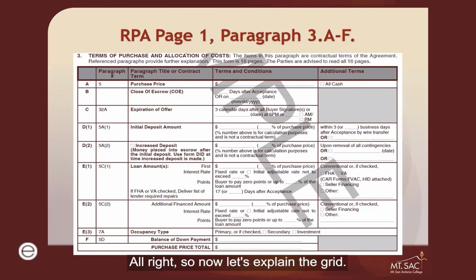All right, so now let's explain the grid. On the far left-hand side, or I like to call it column number 1, there being 5 columns as you go from left to right here. Column number 1 is the paragraphs of this form, 3A, B, C, D1, D2, etc. Column 2 identifies the paragraph later in this agreement that deals with the same topic as this paragraph.